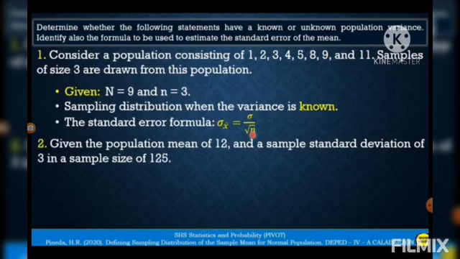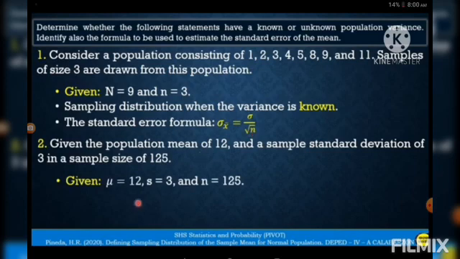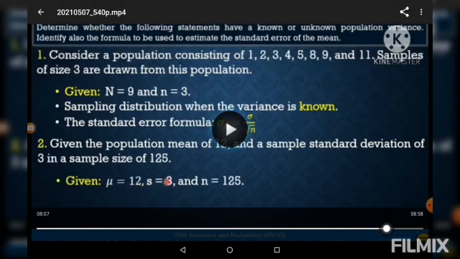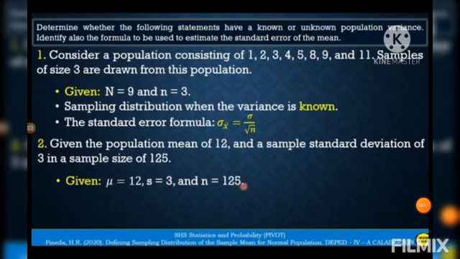And number 2, given the population mean of 12 and a sample standard deviation of 3, the sample size is 125. So this is an example of unknown population variance. Here the mean is 12, s is 3, and n is 125.